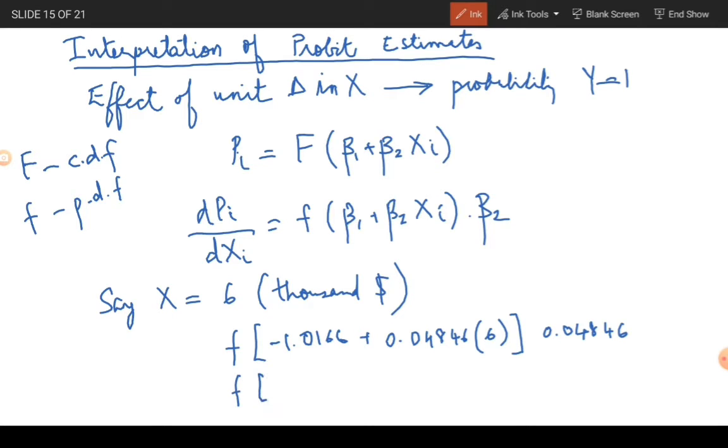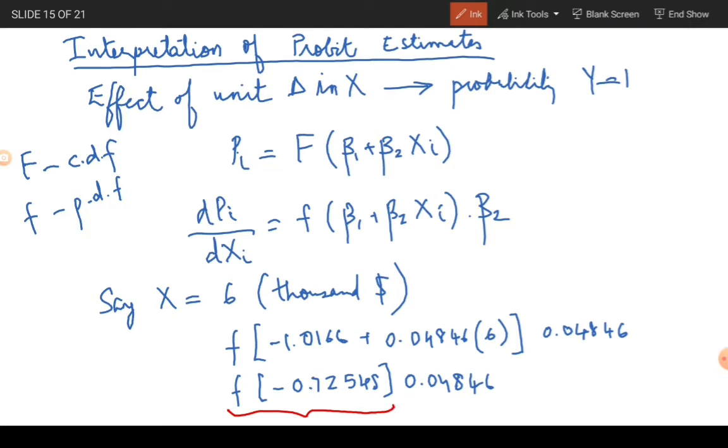Now, this adds up to be minus 0.72548, into beta 2, which is 0.04846.